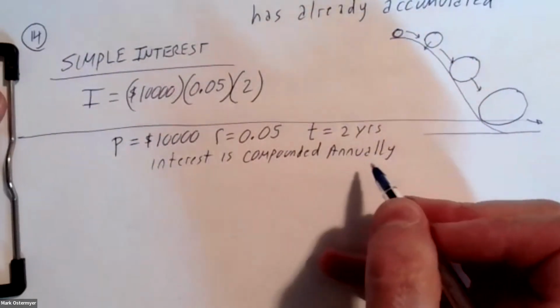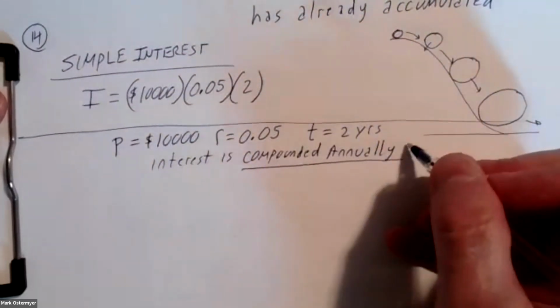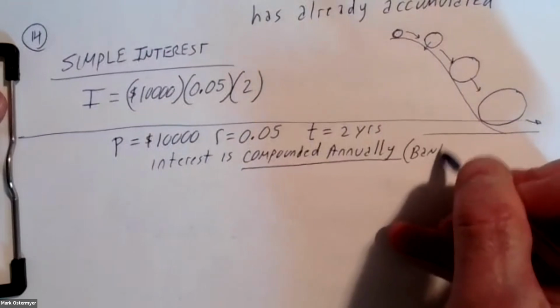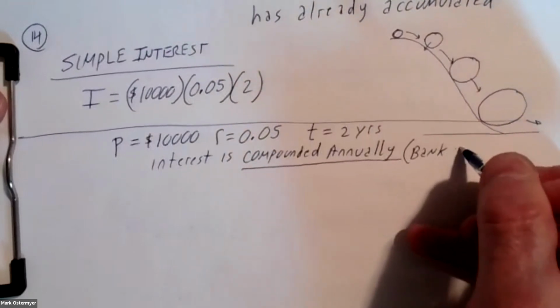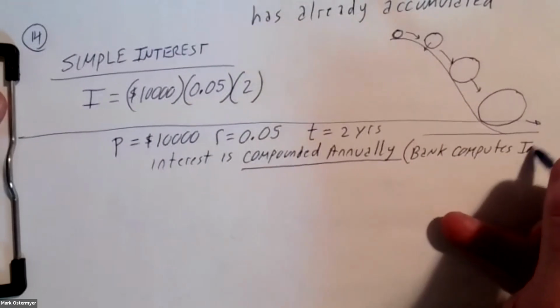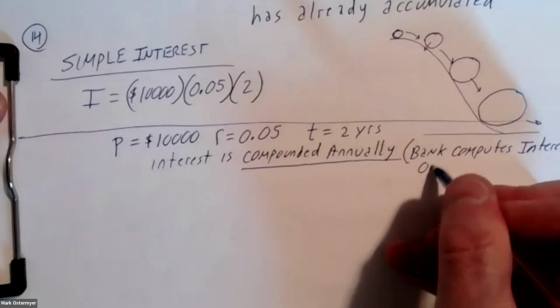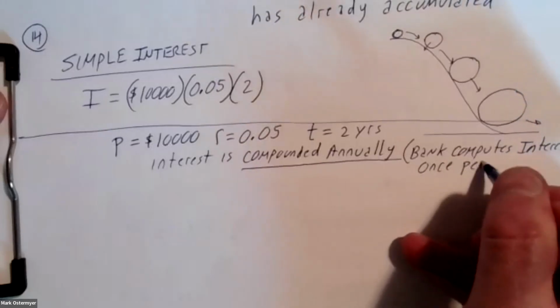What does it mean to say interest is compounded annually? That means, ladies and gentlemen, the bank computes interest once per what? Once per year.